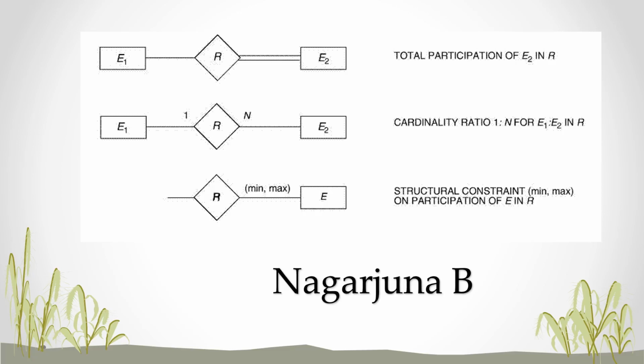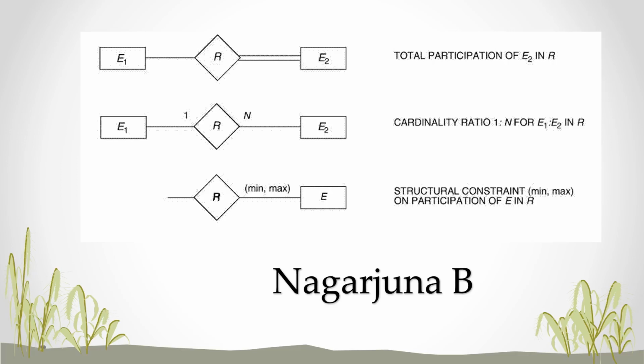The first one represents a total participation of E2 in R. That means an entity E2 has a total participation in a relationship R with the entity E1. That means each of the entities present in E2 should be related with at least one of the entities in E1.